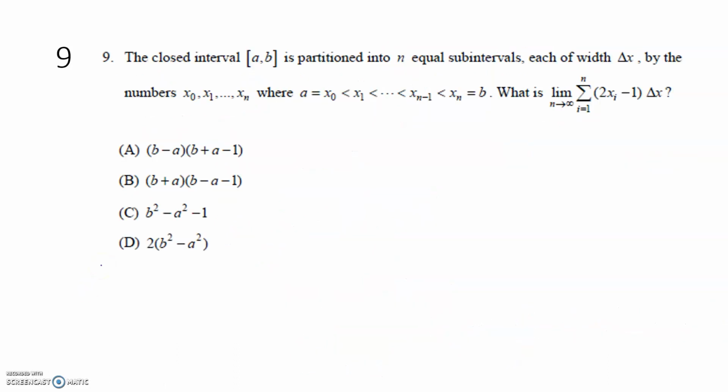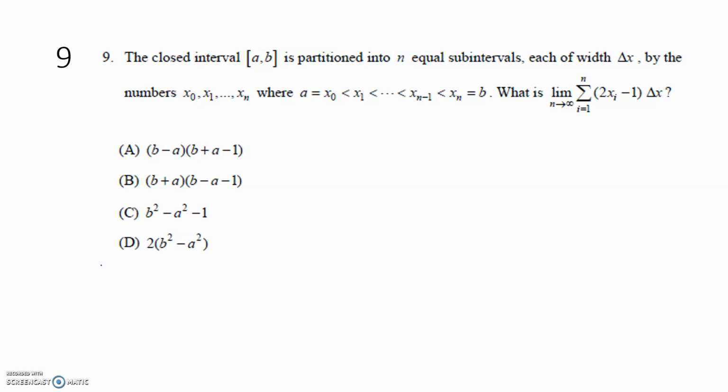All right, question 9. The closed interval a to b is partitioned into n equal subintervals, each with width delta x, by the numbers x sub 0, x sub 1, to x sub n, where a is equal to x sub 0, is less than x sub 1, is less than x sub n minus 1, is less than x sub n, is equal to b, meaning our interval here is strictly increasing.